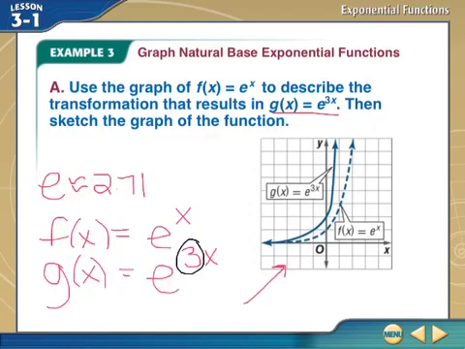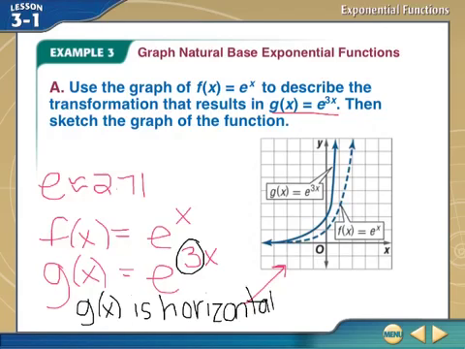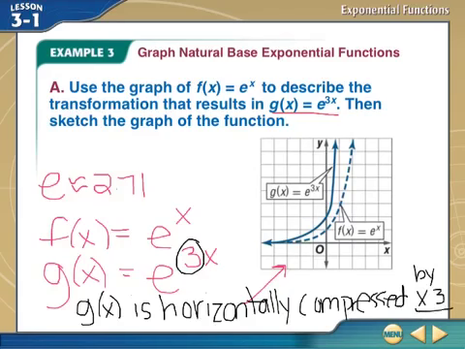In this case, multiplying by 3 horizontally compresses the graph. So we can say g of x is horizontally compressed by a factor of 3.